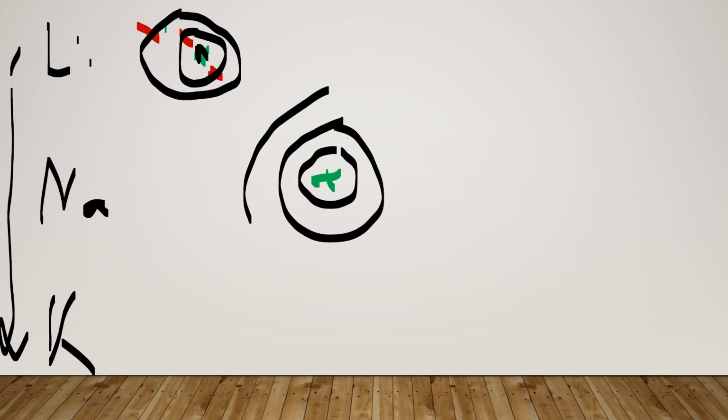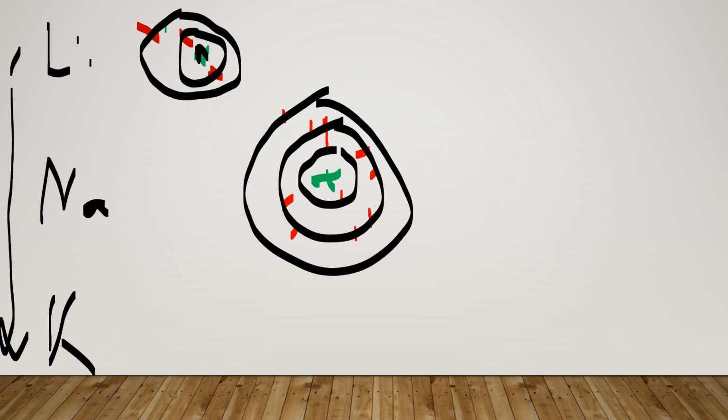Now, when you go on to something like sodium, I'm just going to drop it over here so I have a little bit more space. Here's my positive nucleus. Now, sodium has 3 energy levels, 1, 2, 3. And sodium has 11 electrons: 1, 2, 3, 4, 5, 6, 7, 8, 9, 10, 11.